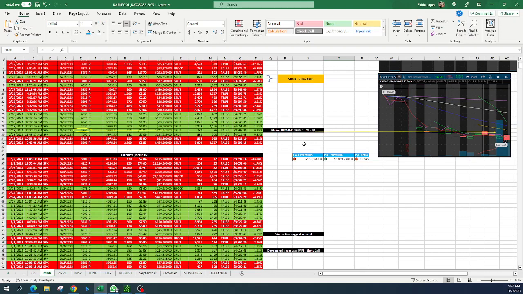This is part of the structure. Because of that, I track only the index. First of all, only big players trade the index, the SPX. Retail usually trades SPY, the ETF, because we need a lot of money to trade SPX, right?